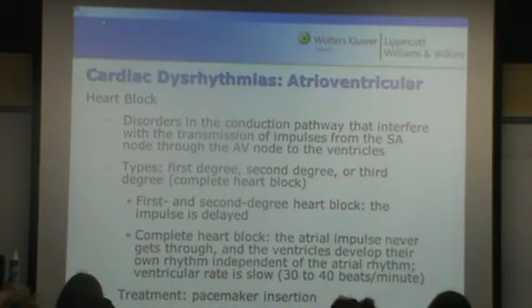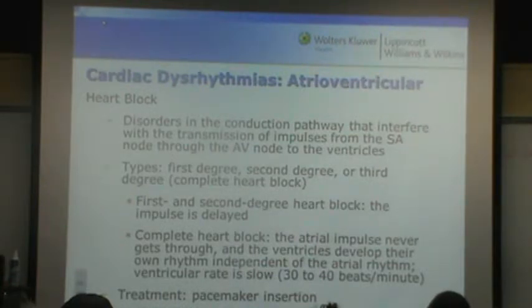With first and second degree, that conduction of the electrical impulse is only delayed, okay? Whereas with third degree or complete heart block, that atrial impulse never actually makes it to the ventricles. So you have the atria that's kind of doing their own thing, and the ventricles that are doing their own thing.